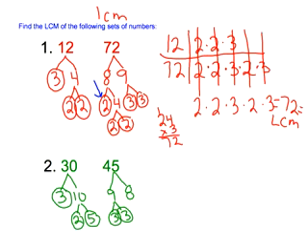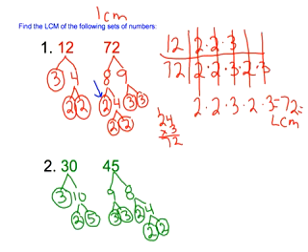Those are prime. 8 gives me 2 times 4. This 2 happens to be prime. 4 is not prime. It's going to be 2 times 2. So as long as every number at the bottom is circled, I'm done with my prime factorization.